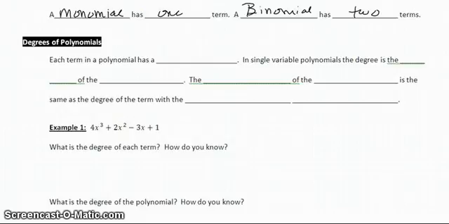All our polynomials have degrees, and each term in a polynomial has its own degree, and that degree in a single variable polynomial, meaning it only has one letter, is the value of the exponent.